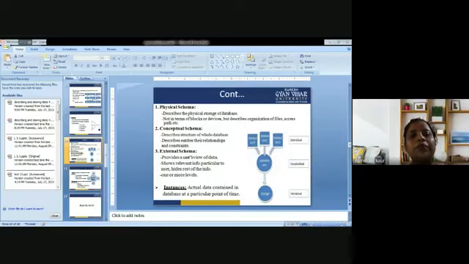Next is the object relational model. So what is basically the object relational model? It is similar to a relational database model, but object classes and inheritance are directly supported in database schemas and in the query language. Next is object role modeling. So what is basically object role modeling?